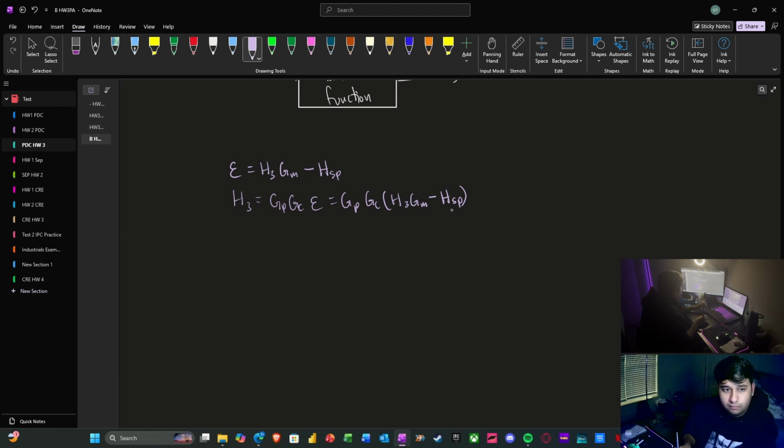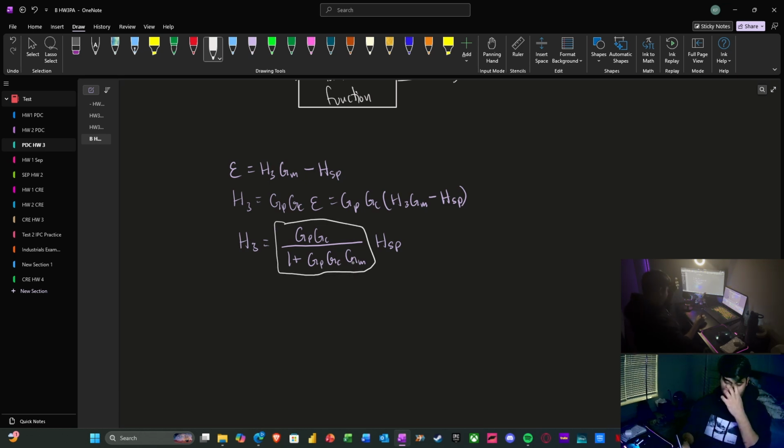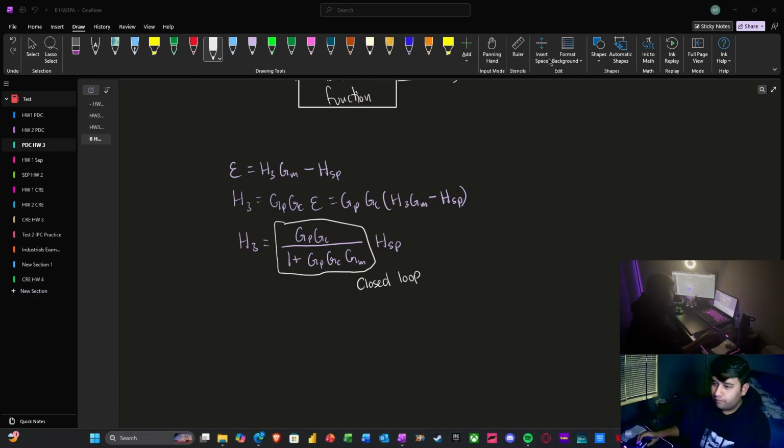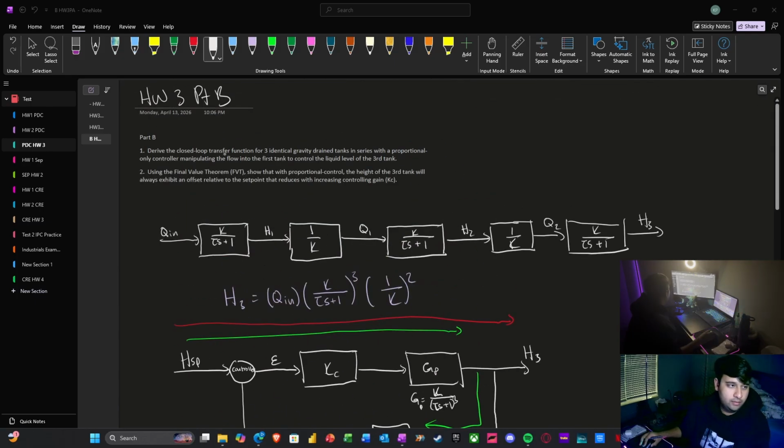If we do the same math that we did above to isolate H3, what we end up with is GP times GC over 1 plus GP times GC times GM, times our HSP. And this is our closed loop transfer function. That concludes part 1 of this problem.